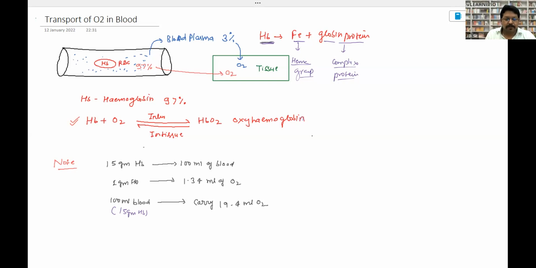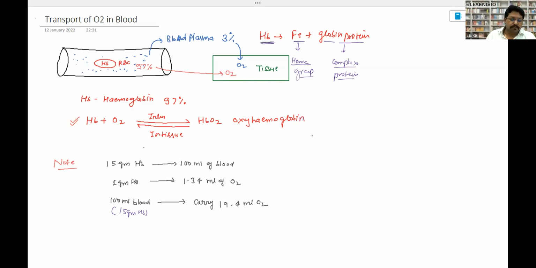You'll get questions from here, and you have to compare with that data. Suppose the fact is that 100 ml of blood carries 19.4 ml of oxygen. They can ask you how much oxygen is transported through 1 liter of blood. What will be the answer? Tell me. What should be the answer, Aisa?